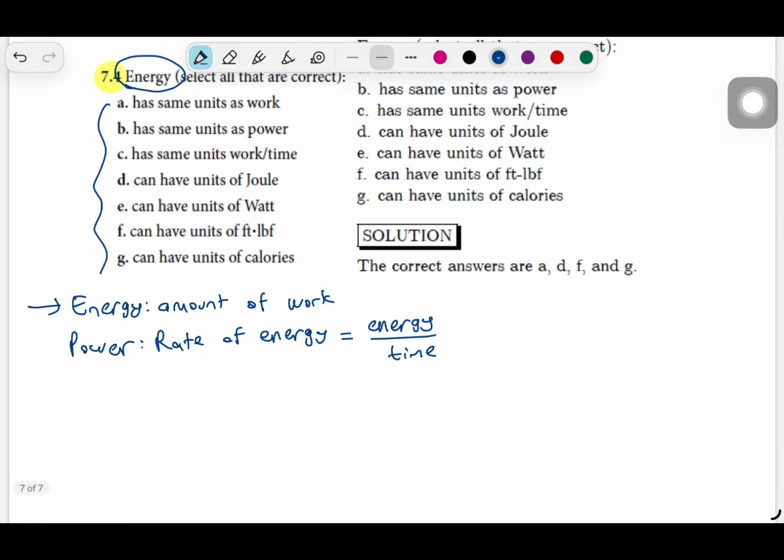And these definitions are all coming from pages 228 and 229. You can find all of them there.